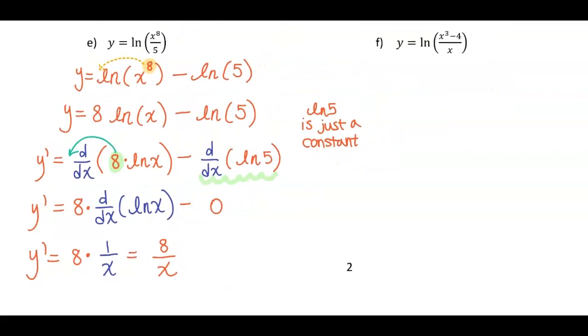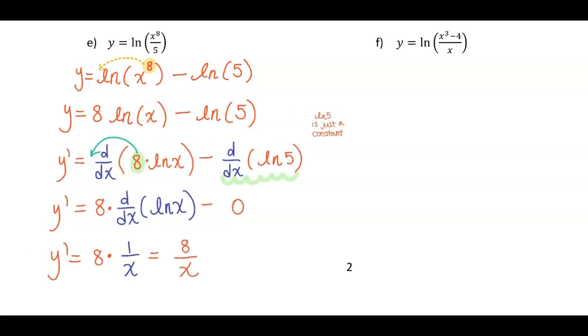Definitely more than the basic ones that we did. It's because we were using the logarithm property to rewrite the equation a little bit before we jump into finding the derivative. So I hope this one made sense, and we can do another example in class if you want to, okay? All right, let's try one more.